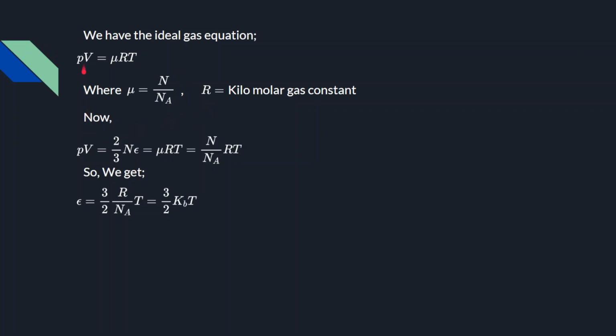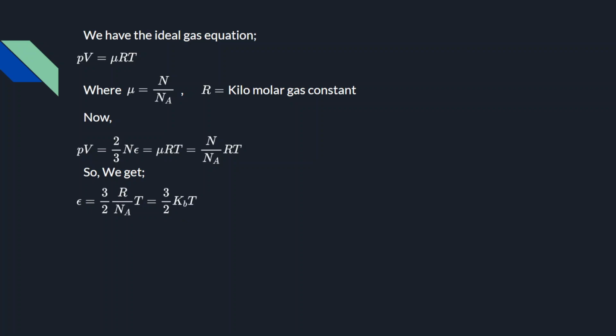So we have PV is equal to mu RT and PV is equal to 2 by 3 N epsilon. Equating these two, with N by capital Na RT, we find that epsilon is equal to 3 by 2 R by Na T, that is 3 by 2 kb T. Both R and Na are constants, so kb is a constant, called the Boltzmann gas constant.